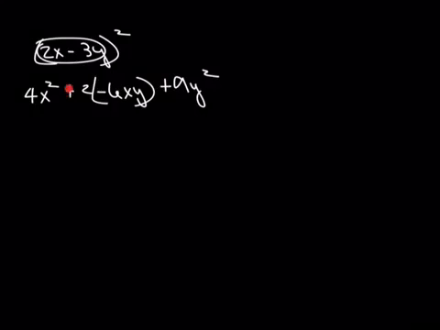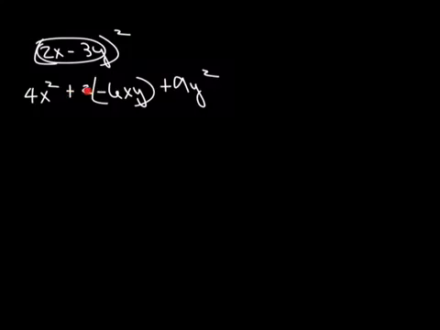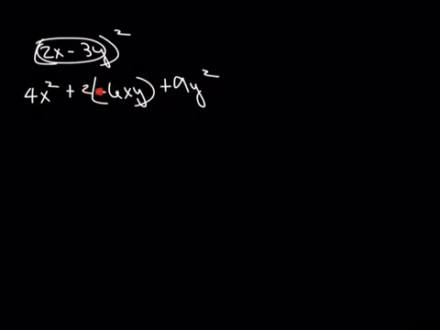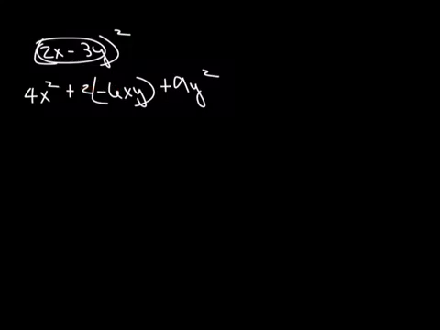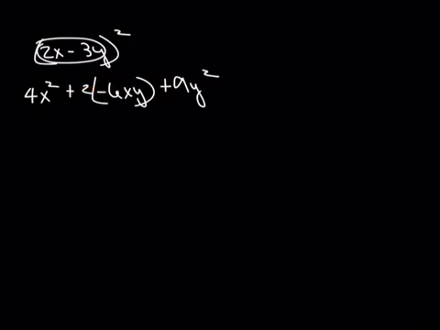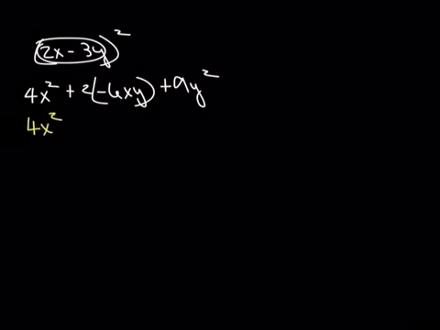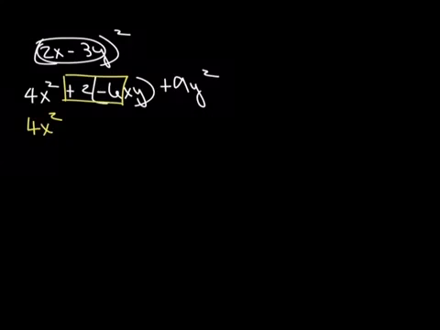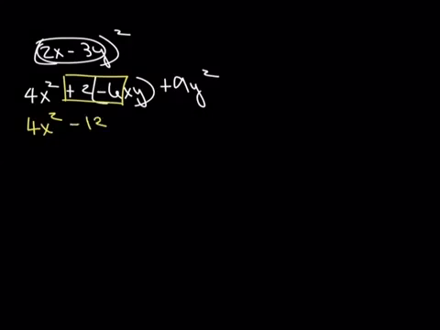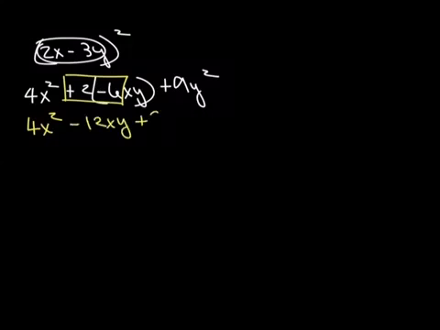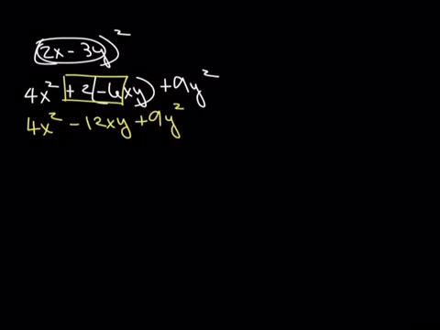Because when this sign here does become negative, this 2 times negative 6, which gives me a negative 12, will replace that plus sign. So I think that's probably the easiest, is just put a plus sign there. So then when you multiply plus 2 times negative 6, then you get that. Okay.